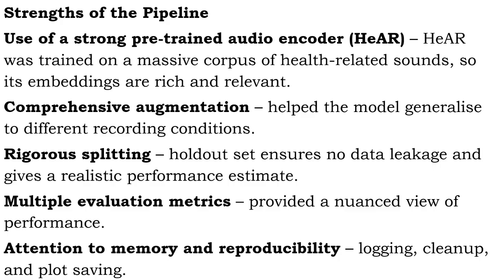Comprehensive augmentation helped the model to generalize to different recording conditions. Then the rigorous splitting: the holdout set ensures no data leakage and gives a realistic performance estimate. And multiple evaluation metrics also provided a nuanced view of performance, with attention to memory and reproducibility, the logging, the cleanup, and the plot saving respectively.